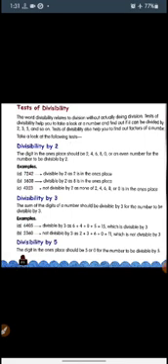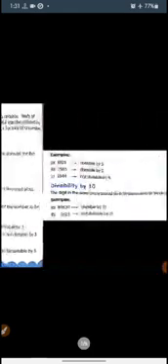Next, the divisibility rule of 5. It is very easy. You only have to check whether the ones place of the number is 0 or 5. If the digit on the ones place is 0 or 5, the number is divisible by 5. Let's see the examples.